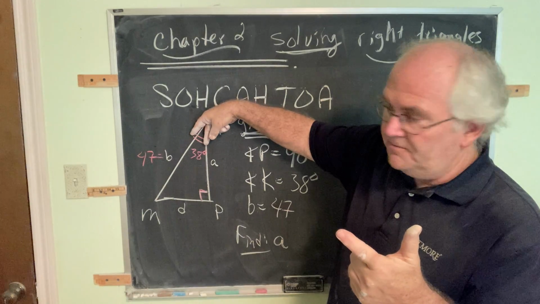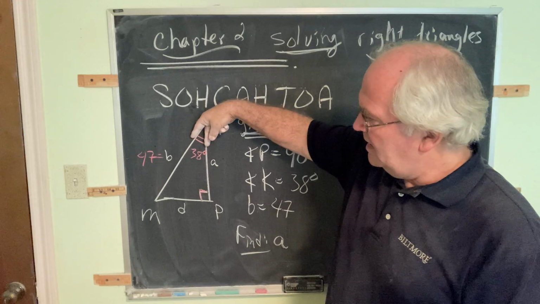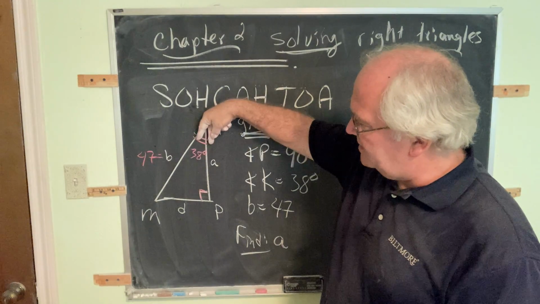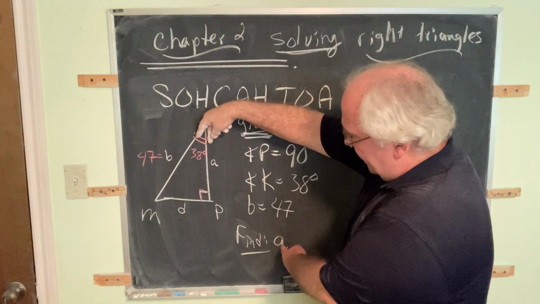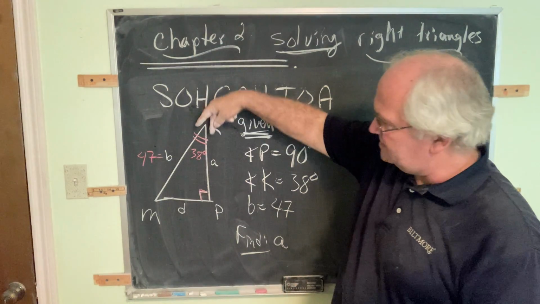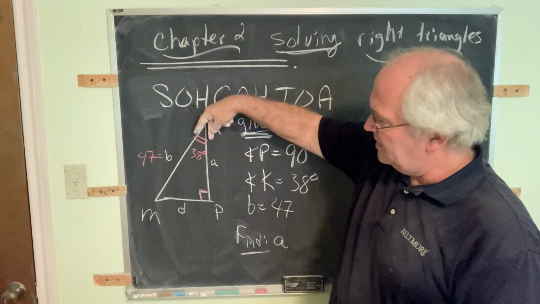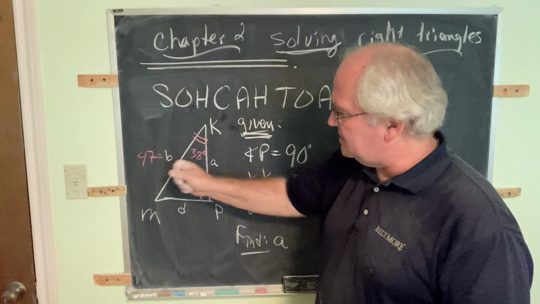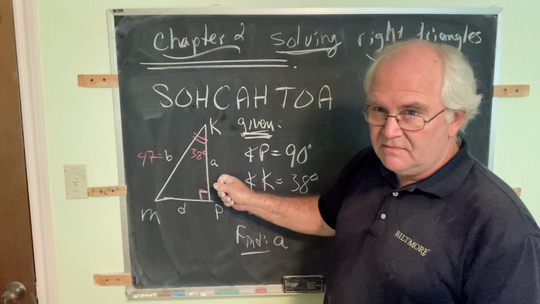Given, desired. All right? The given side is the hypotenuse. The desired side is A. Which is A? Is that opposite or adjacent from here? It's adjacent. So we're given hypotenuse, we want to find adjacent.